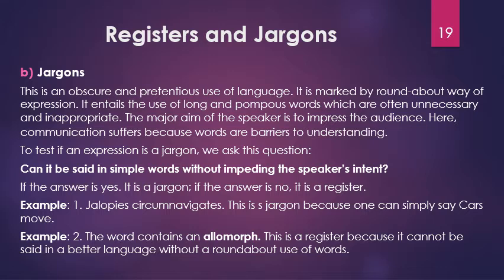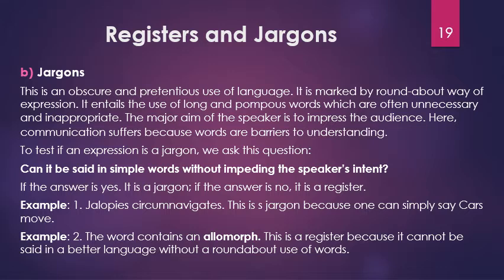Registers and jargons. Jargon is an obscure and pretentious use of language. It is marked by a roundabout way of expression, which entails the use of long and pompous words which are often unnecessary and inappropriate and may even eventually prove to be offensive.